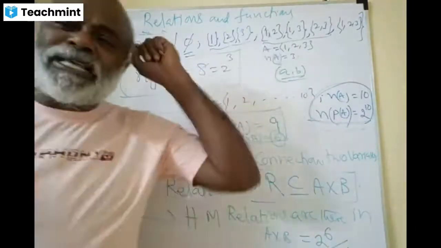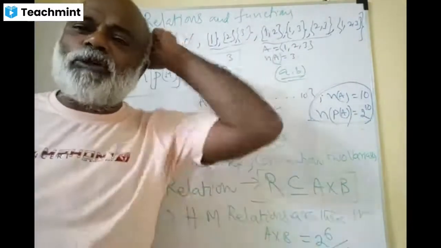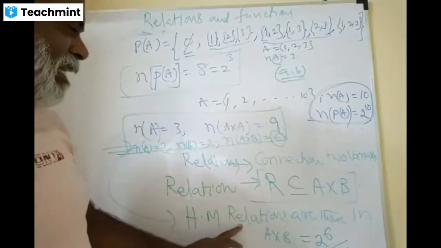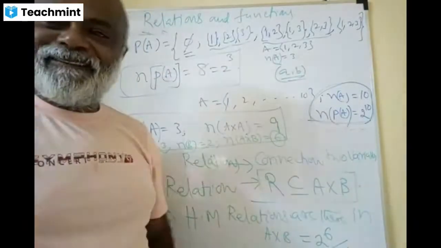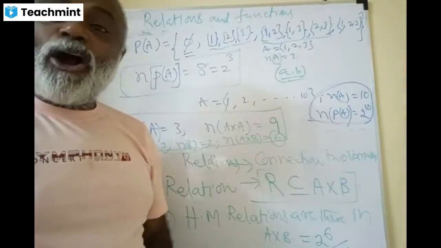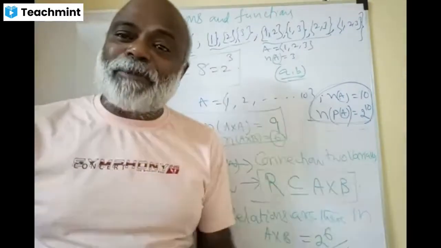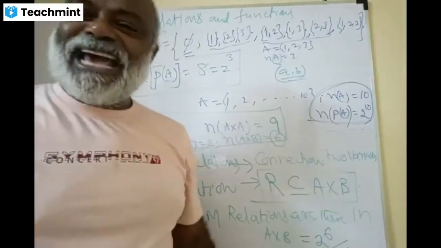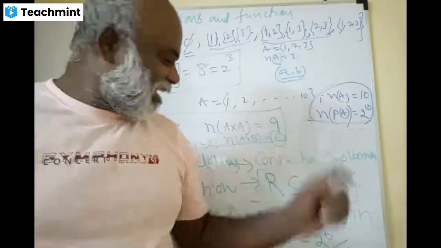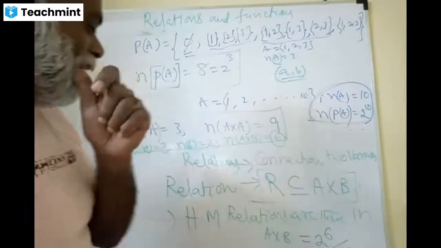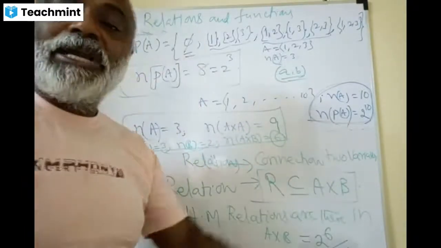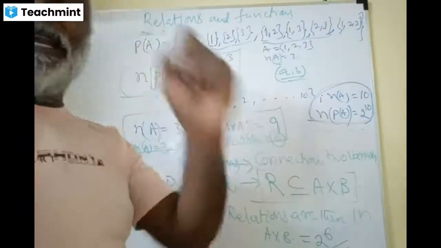When you talk about subsets, you should say 2 power. So you said that a relation is a subset of A cross B. How many subsets are there in A cross B? A cross B has got 6 elements. Therefore, the number of subsets of A cross B, the number of relations, is nothing but 2 power 6, my dears.